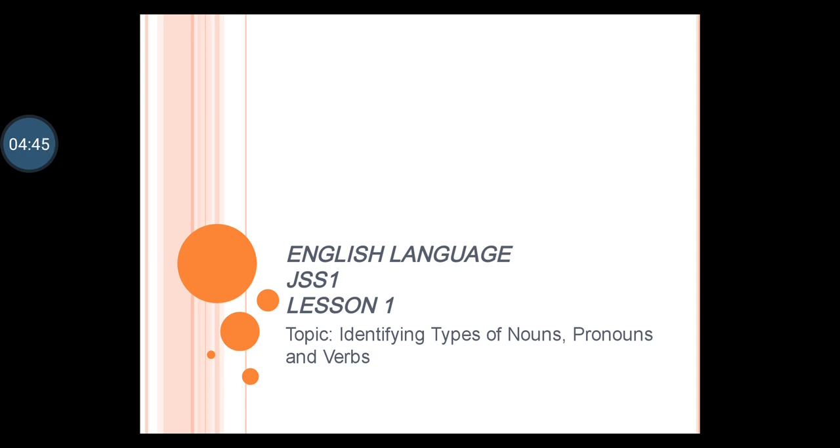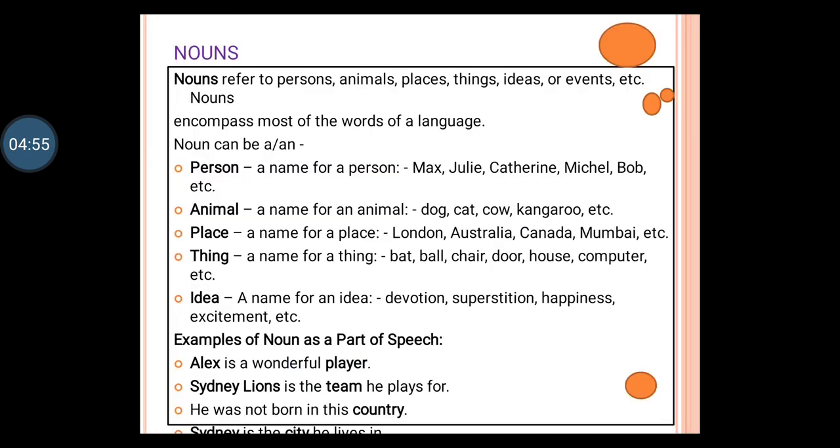All right. Now, let's get into our lesson for today. Identifying types of nouns, pronouns, and verbs. Now, what is a noun? I know you all know it. In fact, the definition of a noun is like a song.